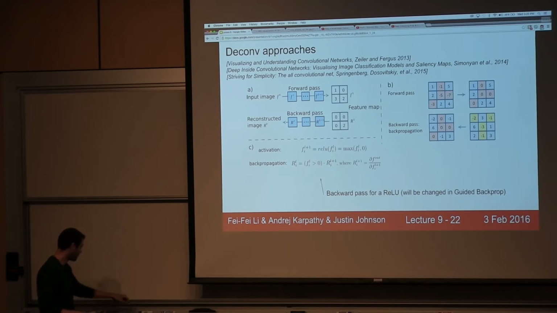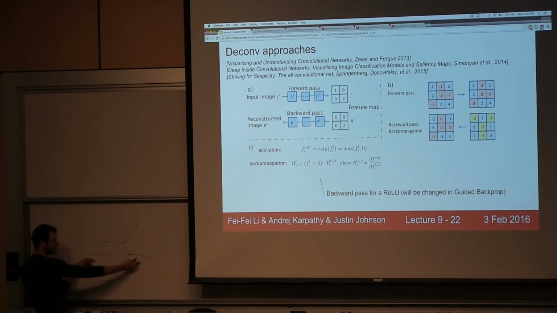Because if you're a ReLU neuron, and there's a grid of 3 by 3 of them here, if your input was less than 0, then you act as a switch during the backward pass. So if gradient comes from here, if you're a ReLU neuron and your input was less than 0, then you block the gradient. And if it was greater than 0, then you let the gradient pass through. So basically, that's what's going on in the backward pass here.